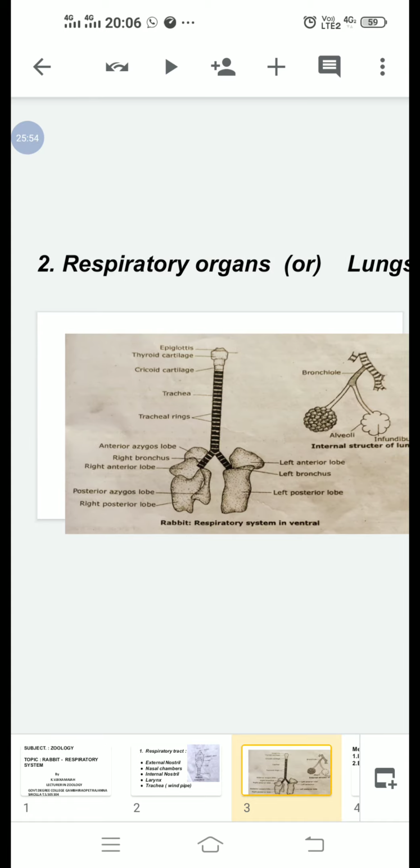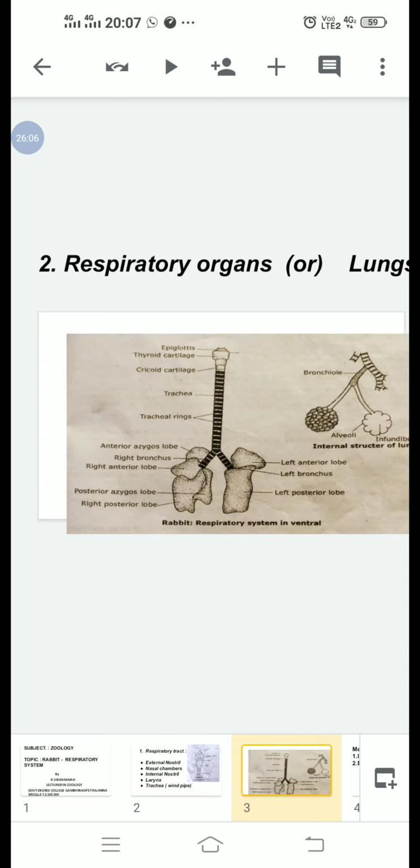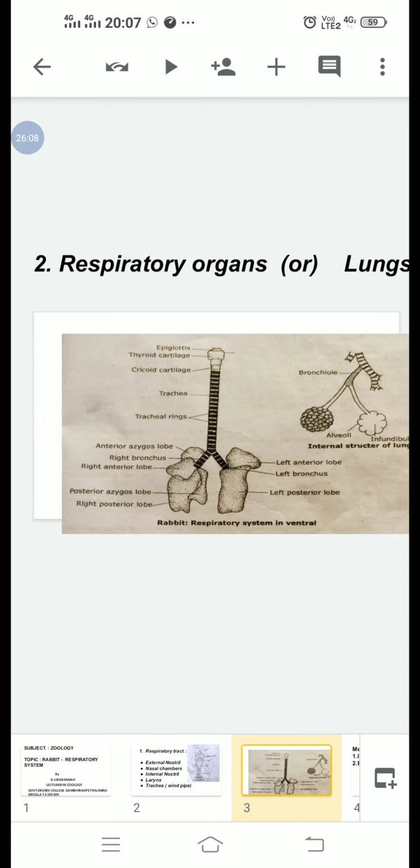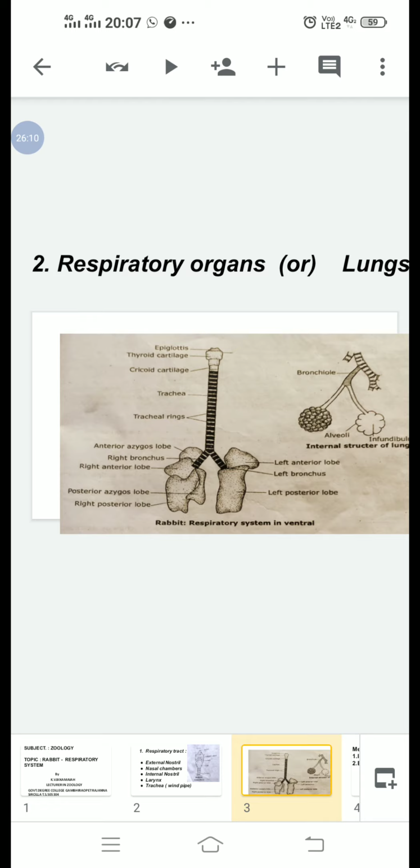Each lung is enclosed by two membranes called pleura. The outer membrane is called the parietal pleura and the inner membrane is called the visceral pleura. A narrow space lies between the two pleura. It is called the pleural cavity. It is filled with pleural fluid, which acts as a lubricant.